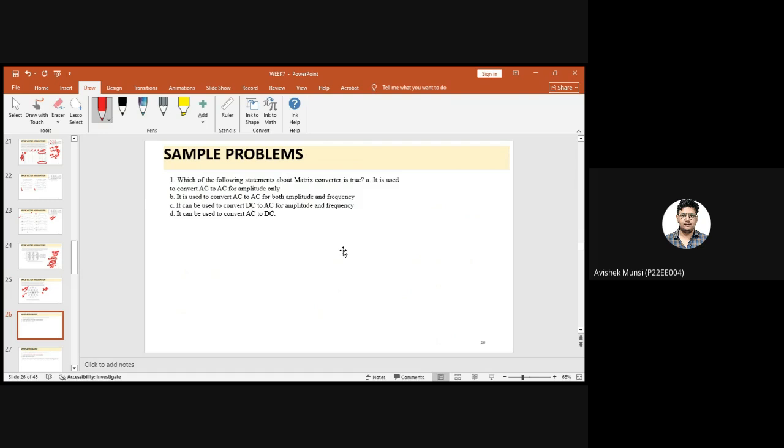Okay. So first question, which of the following statements about the matrix converter is true? It is used to convert AC to AC for amplitude. It is used to convert AC to AC for both amplitude and frequency. It can be used to convert DC to AC, used for AC to DC. Okay. So which of the following is correct? Try to answer it.